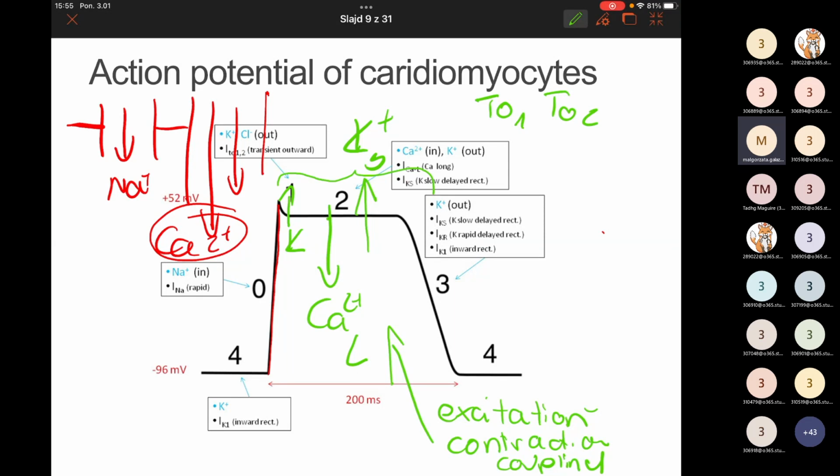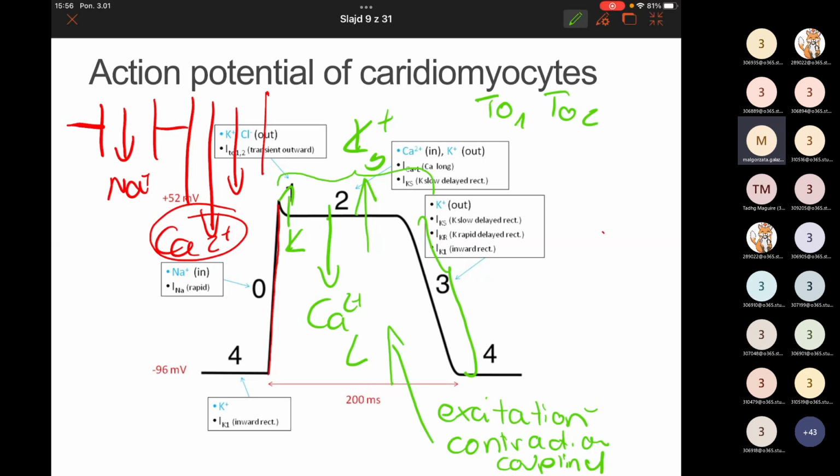Soon after slow potassium channels open, rapid and ultra rapid potassium channels are activated. The L-type voltage channels close, and this leads to final repolarization of the cell membrane.